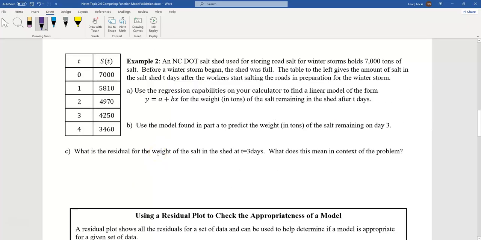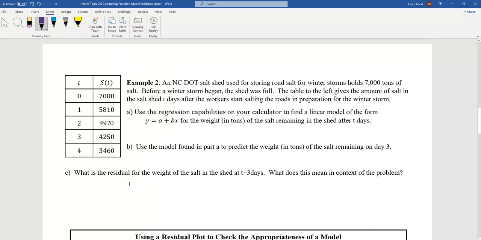So here is an example that we're going to look at with some residuals. An NCDOT salt shed used for storing road salt for winter storms holds 7,000 tons of salt. Before a winter storm began, the shed was full. The table to the left gives the amount of salt in the salt shed T days after the workers start salting the roads in preparation for the winter storm.